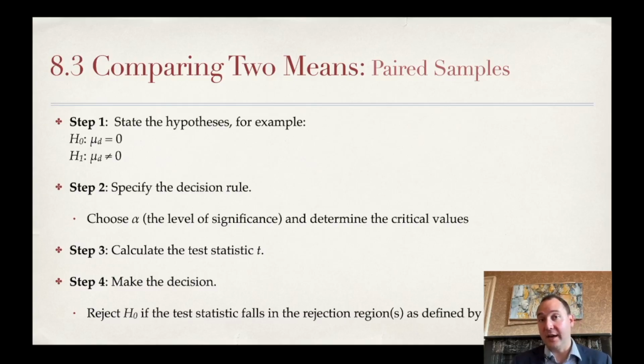Choose alpha. Again, generally this is 5% or sometimes 1% or sometimes 0.1%, but usually about 5%. Calculate the test statistic T, make a decision based on that test statistic, and reject H0, the null hypothesis, if the test statistic falls in the rejection region.